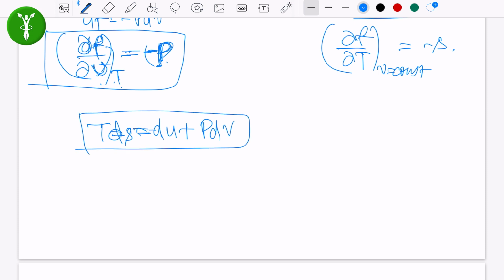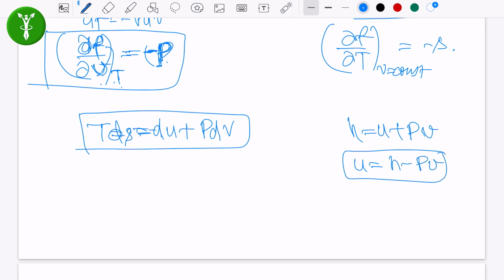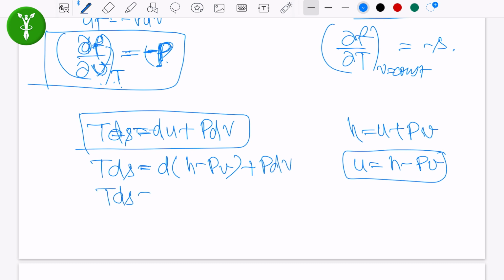So how can I invoke it? I invoke this relation H is equal to U plus PV. I simply know this. So U is equal to H minus PV. So I will use U here, H minus PV. So TdS is equal to dH minus d of PV.